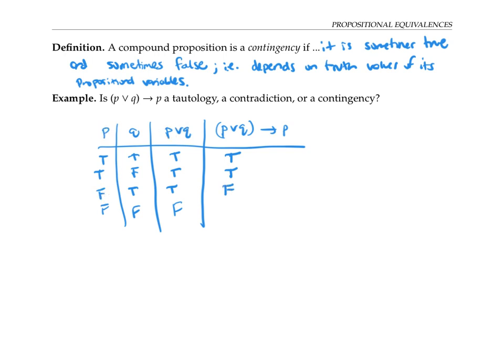In the last line, it will be true because an if-then statement is always true if the premise is false. So we see that we have a contingency because the truth value of our compound proposition depends on the truth values of the constituents. It's sometimes true and sometimes false.